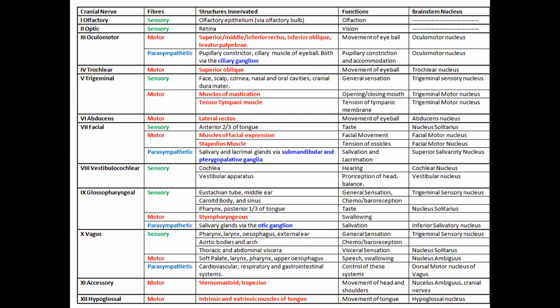So when people complain of optic blindness or olfactory loss of smell, it is most likely a brain problem, not a brainstem problem. So that is important. I will give you a little bit more example in the next slides.